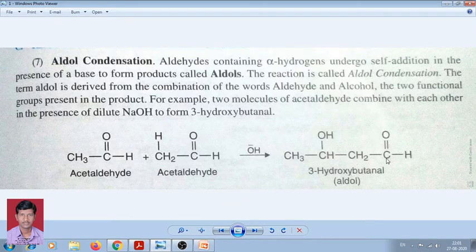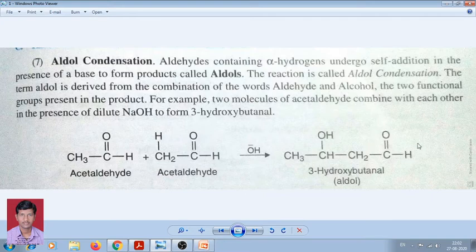That's why the parent chain is butane. And at the third position there is a hydroxy functional group after the reaction. That's why 3-hydroxybutanal. How many carbon atoms? 4.